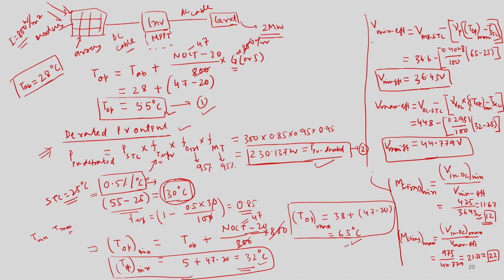Then we calculated V minimum effective and V max effective, and the minimum and maximum number of modules to be connected in series, which are 12 and 22.